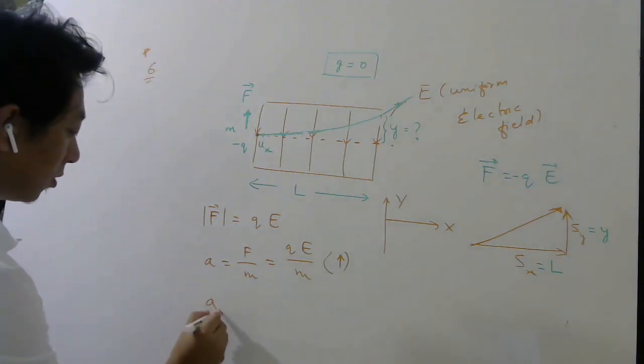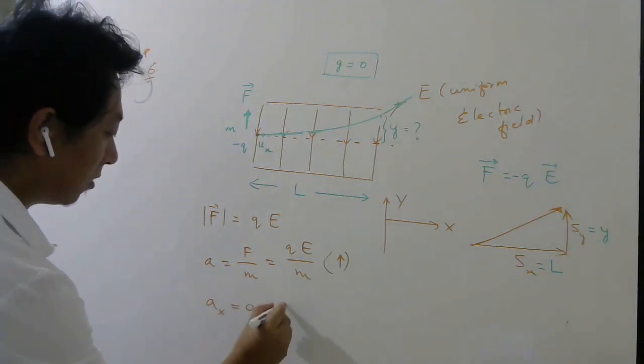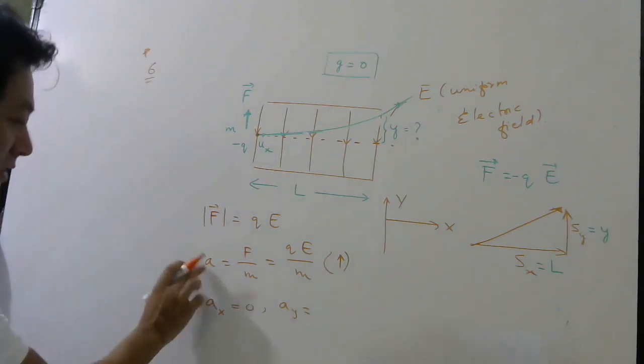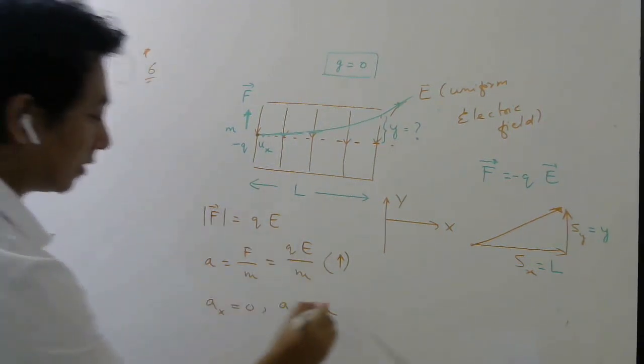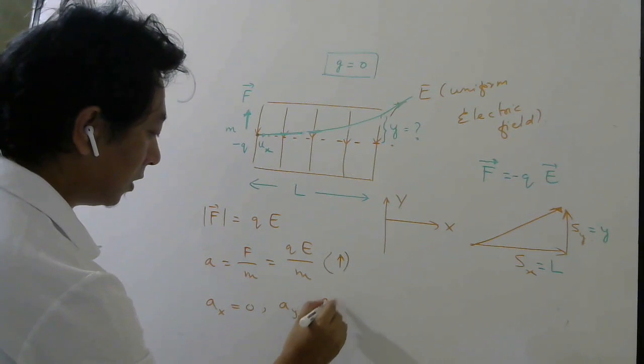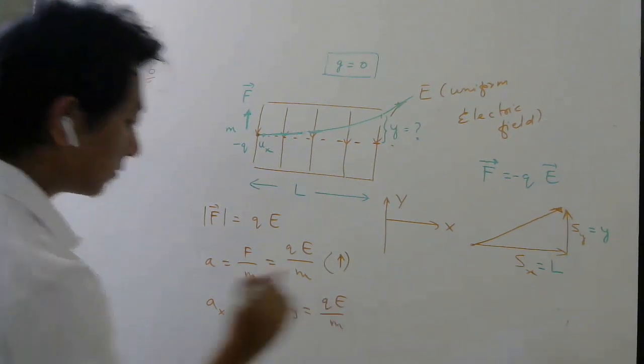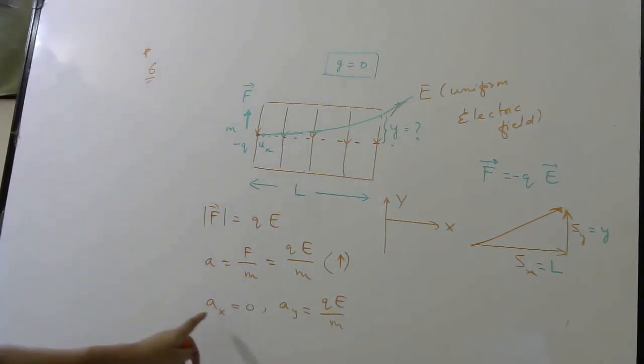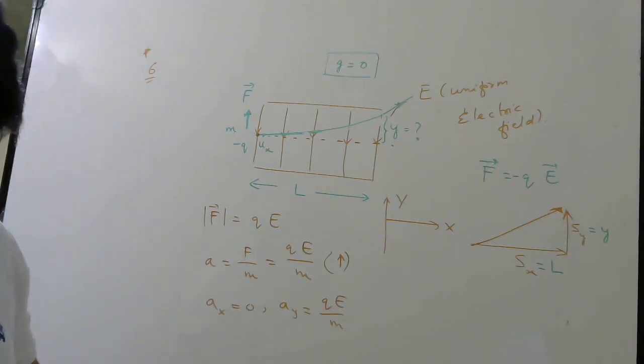So the x component of acceleration is 0, and the y component of acceleration is this itself, which is nothing but QE divided by m. Is it clear? So we found the x component of acceleration is 0 and the y component of acceleration is QE by m.